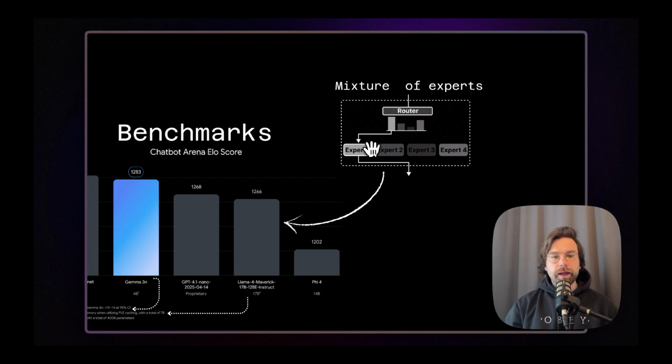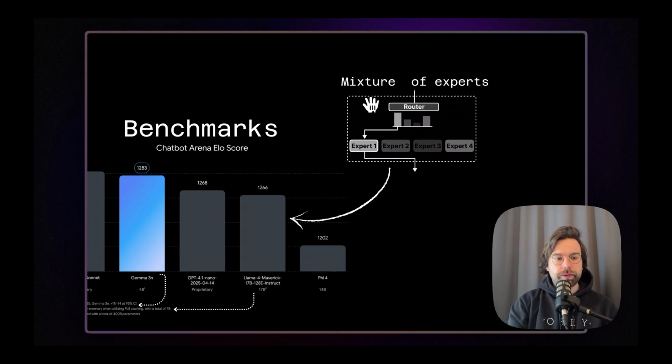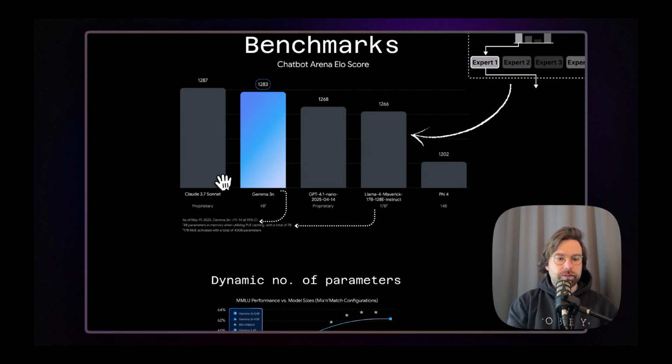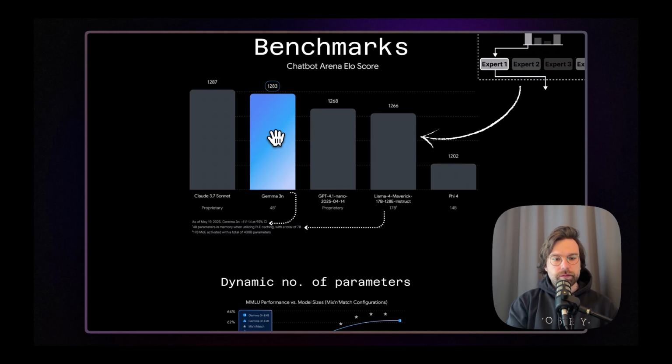So it doesn't actually reduce the amount of RAM, or VRAM, that we need to run the model. So this is important because this is the main distinction between a mixture of experts and the approach they are presenting here. Because in Gemma 3N, these dynamic layers are actually loaded from disk during inference. So we actually need less memory than if it was a regular model with standard architecture.